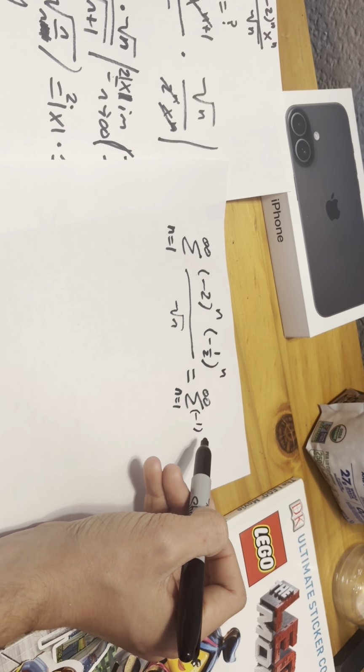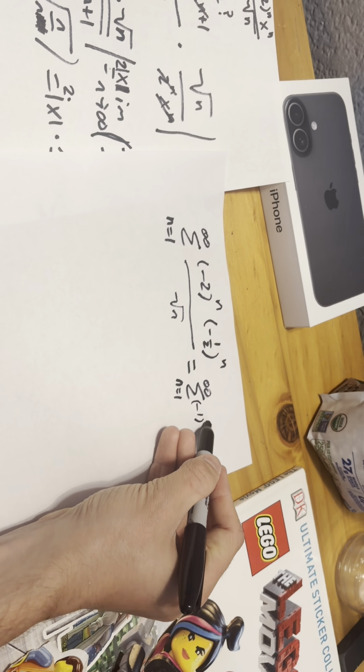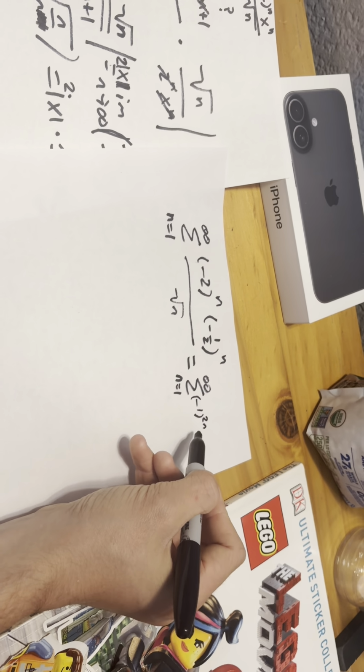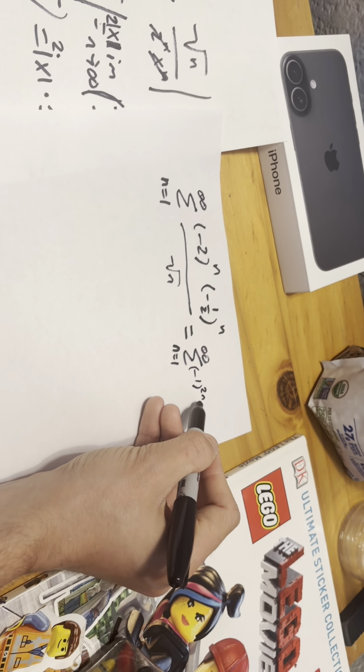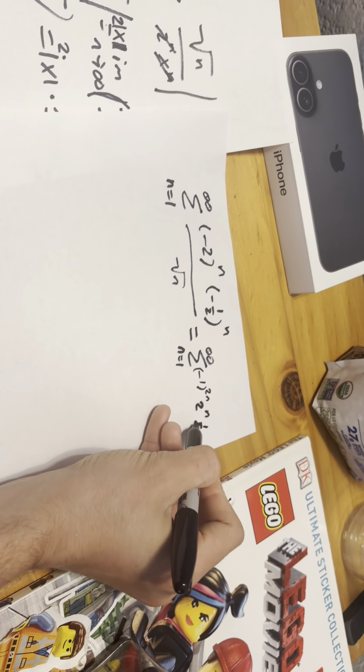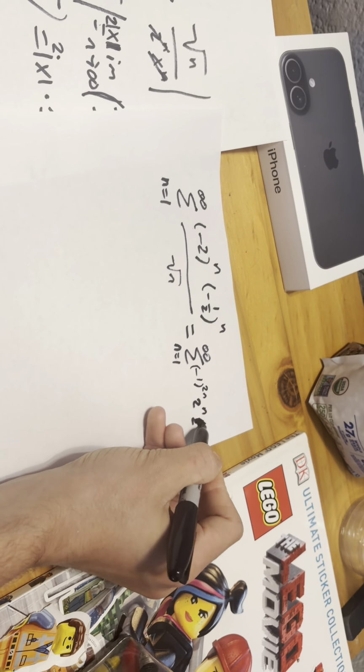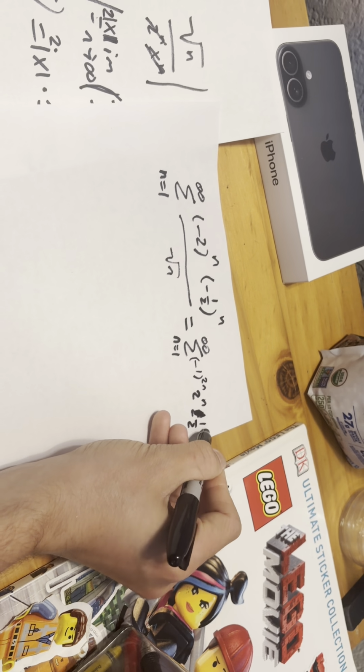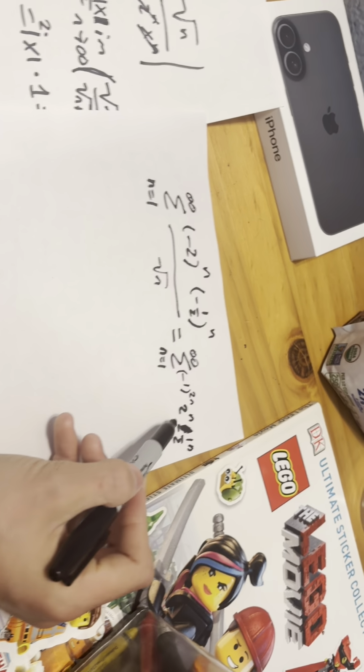-1 to the n times -1 to the n is that. That's a 1/2 to the n. My handwriting is bad.